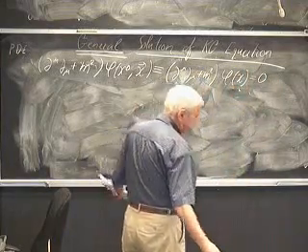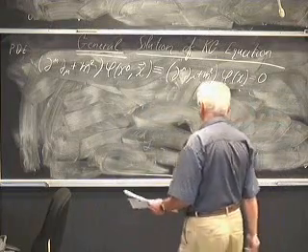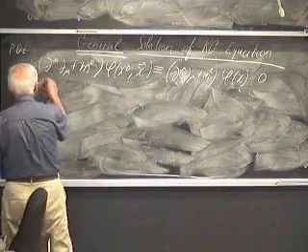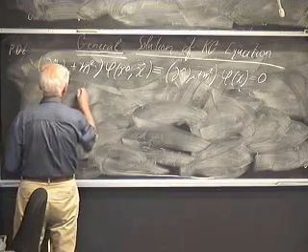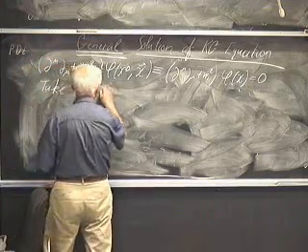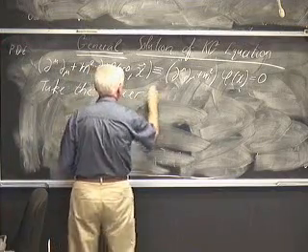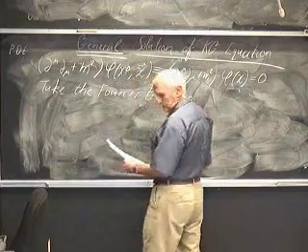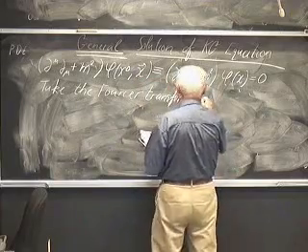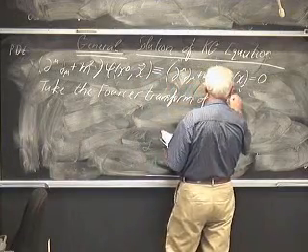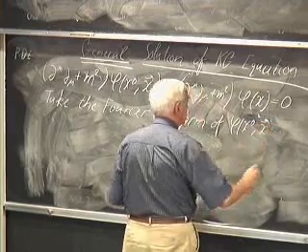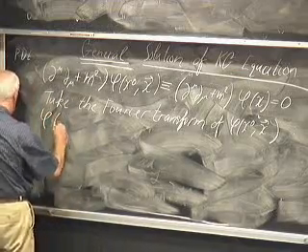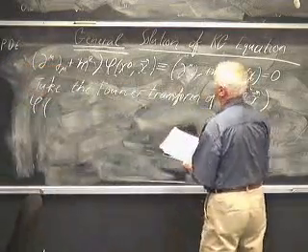Okay, there are different methods to get the general solution, separation of variables and so on, but the simplest is to take the Fourier transform of phi x.